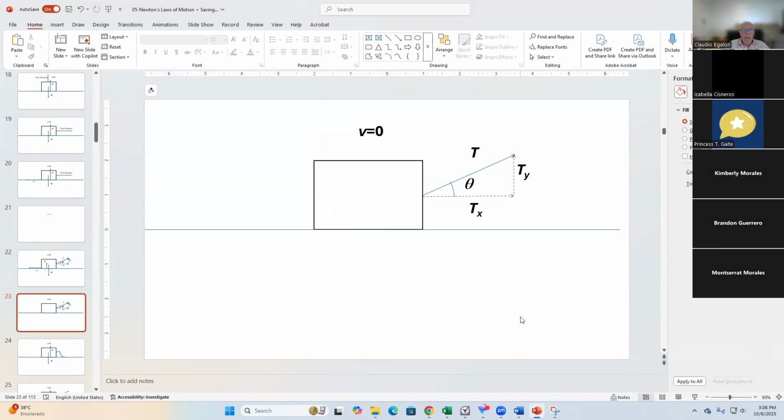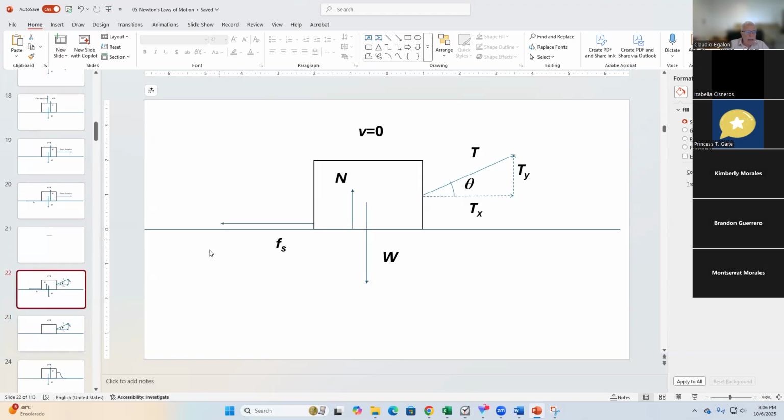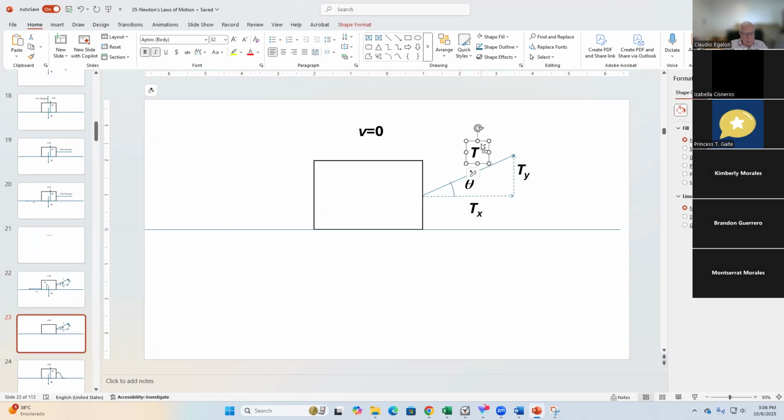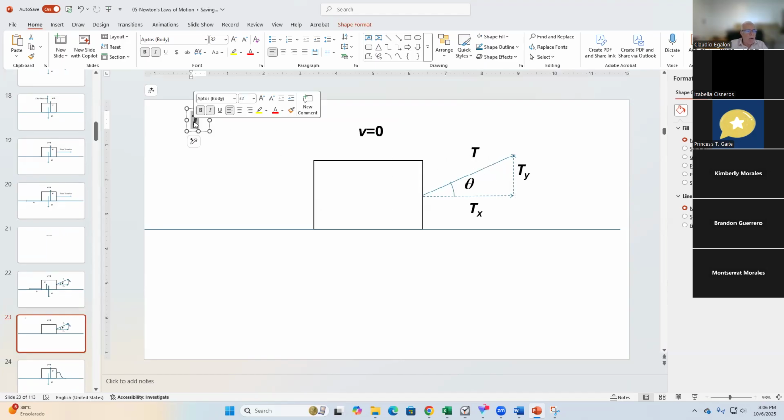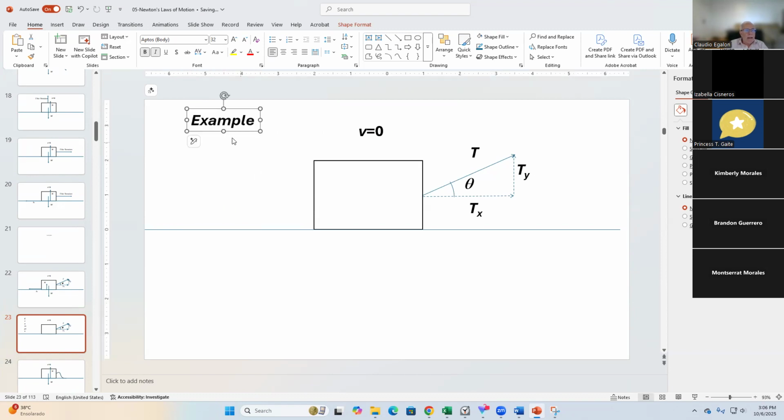But you do know that the object is at rest. Because the object is at rest, the net force along the x direction must be equal to zero. That's what I tell you.